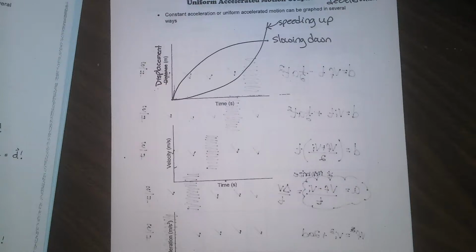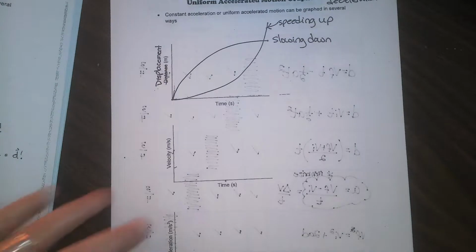Do we expect it to be horizontal? Do we expect it to be curved? Or can we expect there to be a slope? A what? Say it out loud, Kyle, with confidence. A slope.